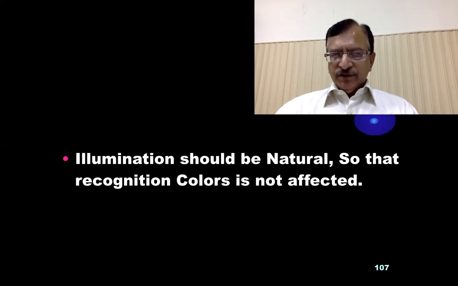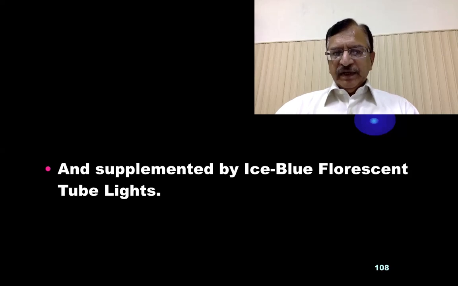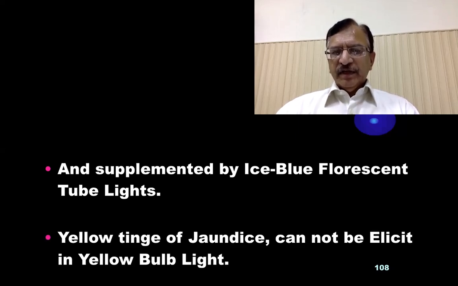Illumination should be natural so that recognition of colors is not affected. It is recommended that one full wall facing north should be made of glass. And it should be supplemented by ice blue fluorescent tube lights, because the yellow tinge of the jaundice cannot be elicited in yellow bulb light.